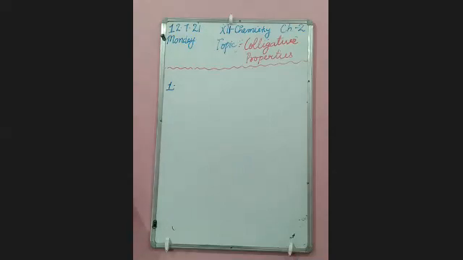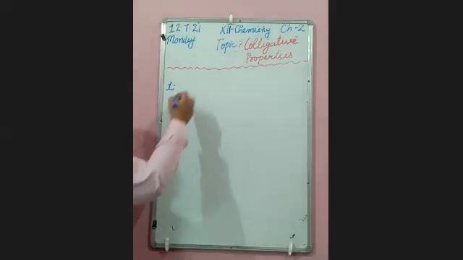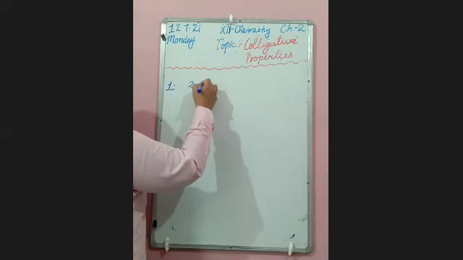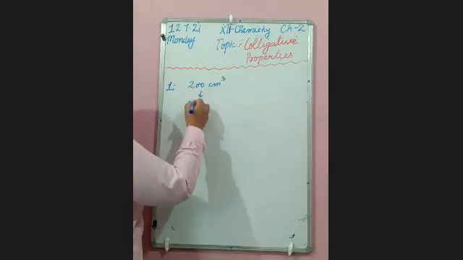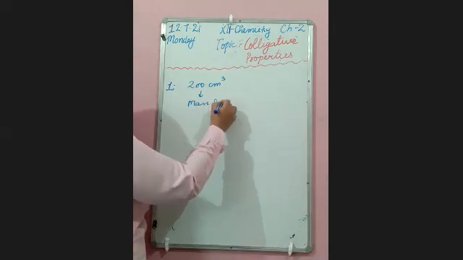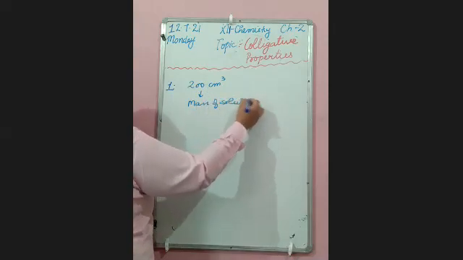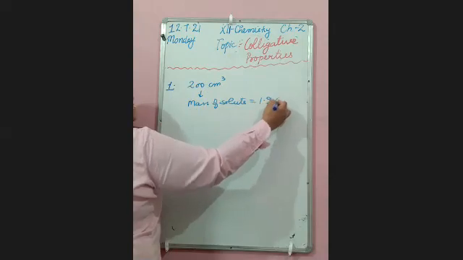The question is: 200 cubic centimeter of an aqueous solution of a protein contains 1.26 gram of protein. Any sample whose volume is this contains a mass of solute of 1.26 gram.